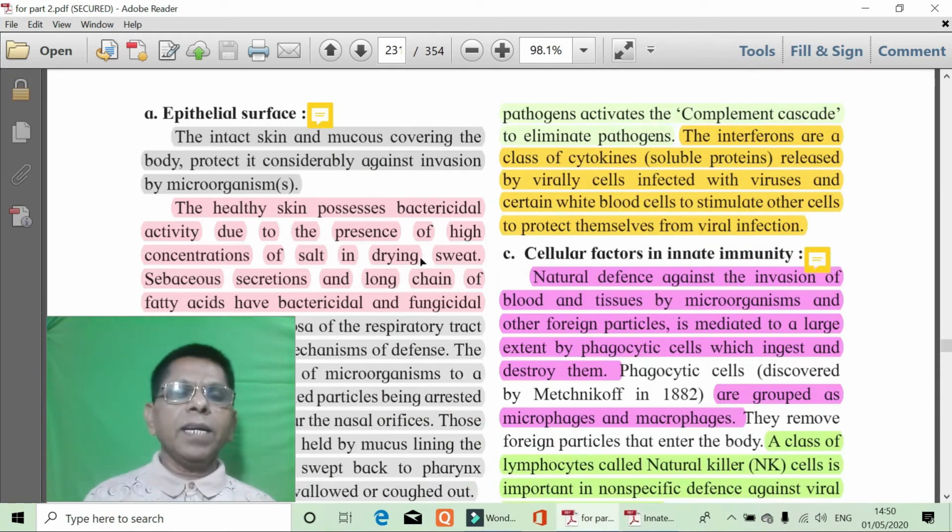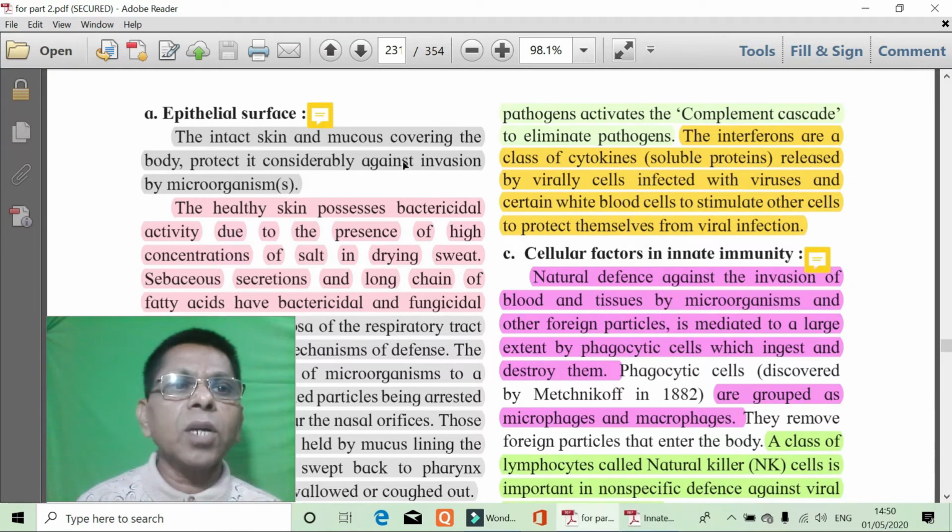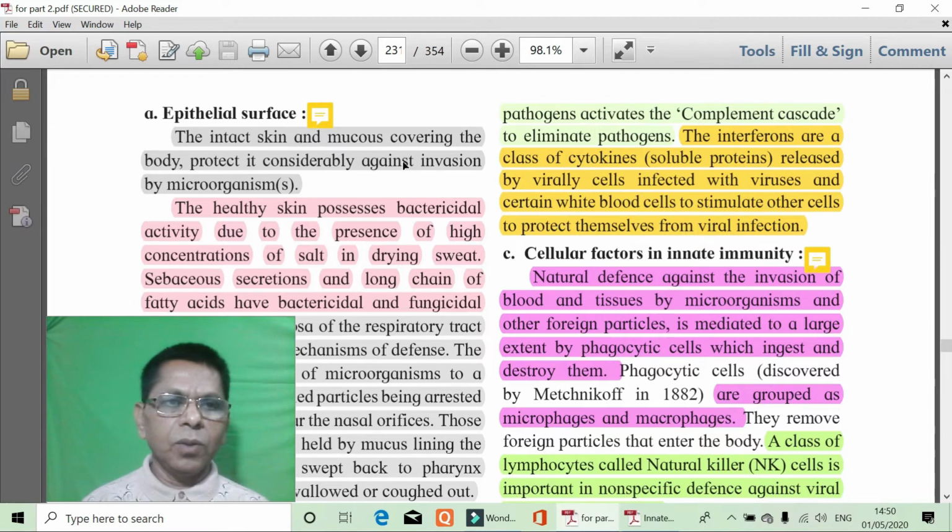Now see the second example of the physical barrier. It has been explained over here as the mucus covering the body. So what are the areas of the body where you will find the mucus covering? For example, all the orifices which communicate to the exterior are lined with mucus covering.